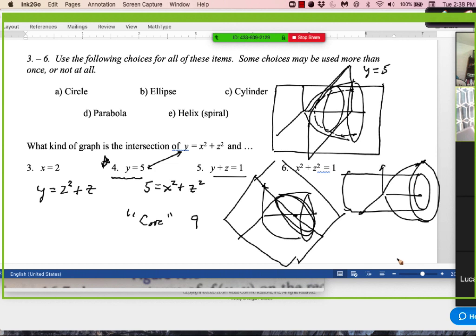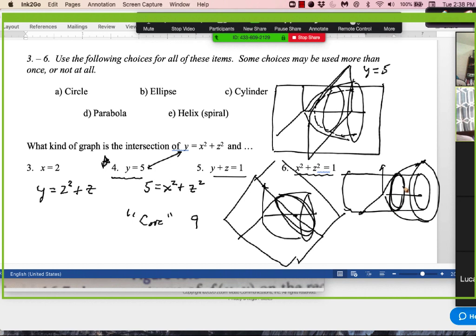So what are we going to get when we intersect those two? We got this paraboloid opening on the y-axis. This is a circular cylinder parallel to the y-axis. So what are we going to get for that? It's going to intersect right here, and you're going to get another circle. Circle.